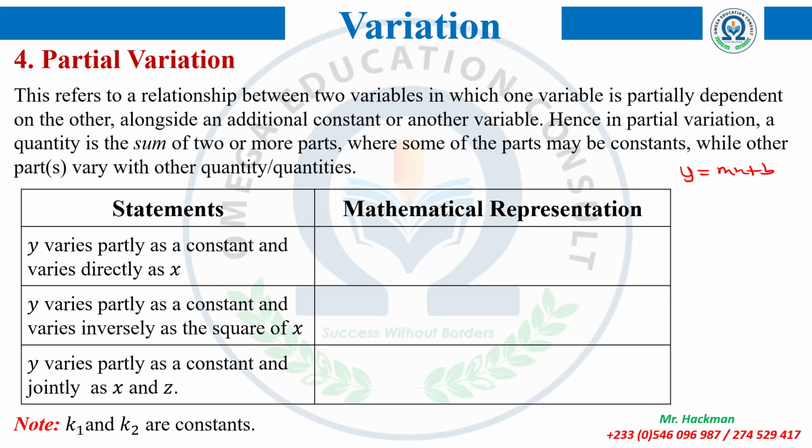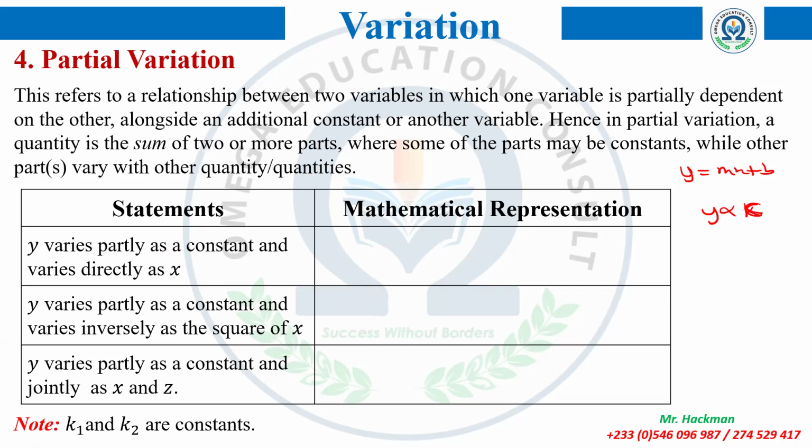So with that understanding, let's look at how to move from the statement to the mathematical representation. Don't worry at all, you get it. I will break the concept down. So y varies partly as a constant. Let me use c for constant, because this constant here is not a constant of variation.